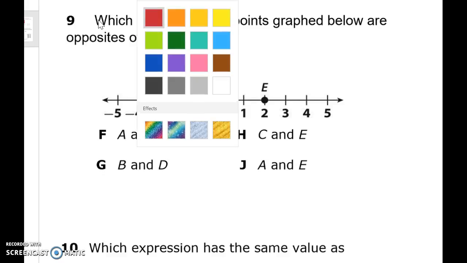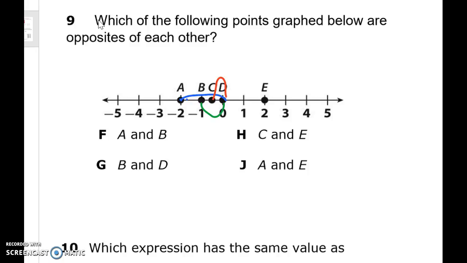Now let's look at the next point. D. D is at the 0. So the distance from D to 0 is 0. Make sure that we know this. So look at the last one, E. From E to 0, how many units do we have?